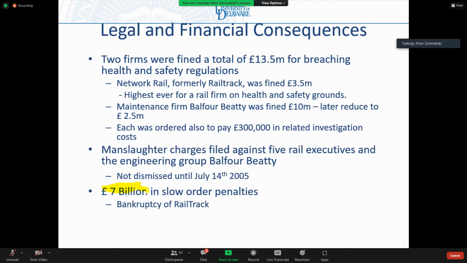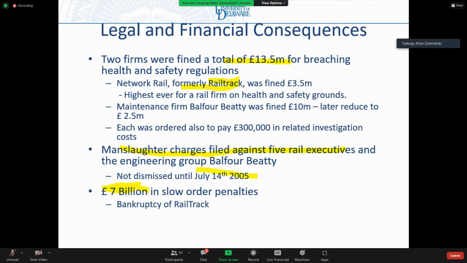It actually ended up bankrupting, because at the time, it wasn't actually Network Rail. It was a company called Railtrack. That was the infrastructure company. They went bankrupt and they had to be salvaged by Network Rail. The firms that were doing the inspections had about 13 million pounds in fines. Manslaughter charges were filed against 5 rail executives, and it was not dismissed for 5 years after the event.